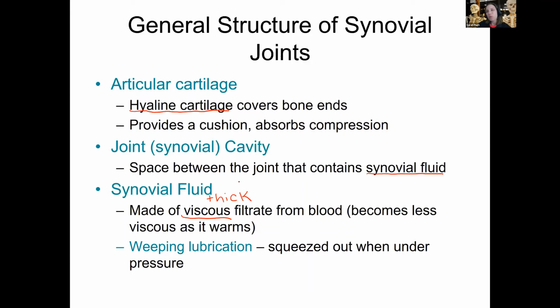And if you put oil in the refrigerator, it's gonna seem thicker. And I'll put that into a pan and I'll get my pan hot, and that oil will very quickly thin out and spread across that pan as the pan heats up. That's kind of the way I think about synovial fluid. So it starts out really thick, but as you warm it up, it thins out, it gets less thick, gets more watery, and it does a better job of lubricating.